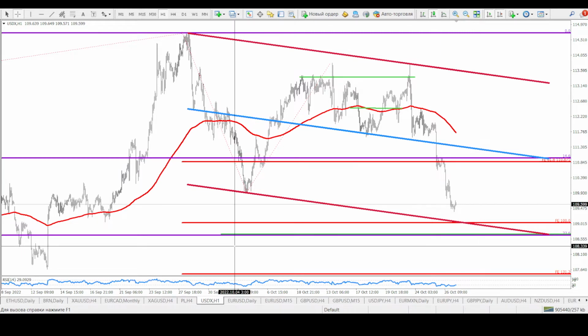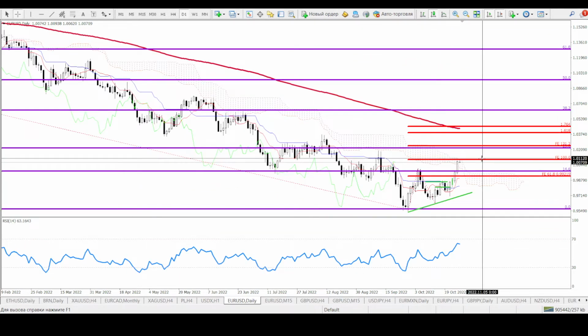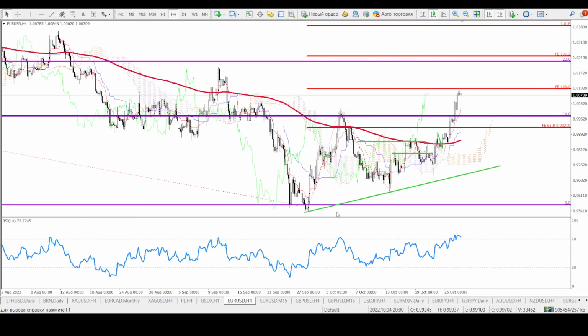For Euro Dollar, first resistance area is around 1.01, but the second one goes up to 1.0250. I also made Fibonacci extension for Euro Dollar, the support area, resistance, support. They broke the area 0.9920.